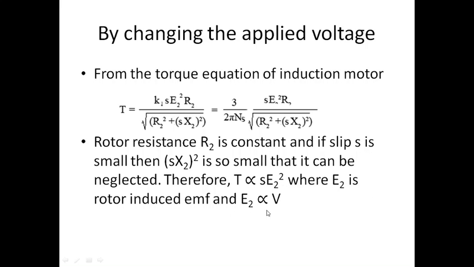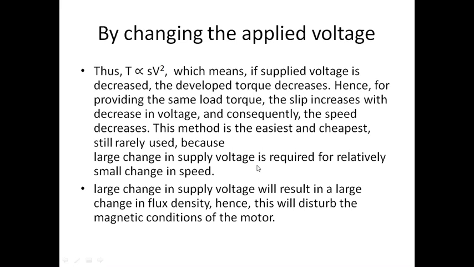So if I control my voltage, I'm going to control the rotor speed. If the supply voltage is decreased, my torque is also getting decreased. With a small slip, the slip increases with decrease in the voltage. That is why the speed decreases.